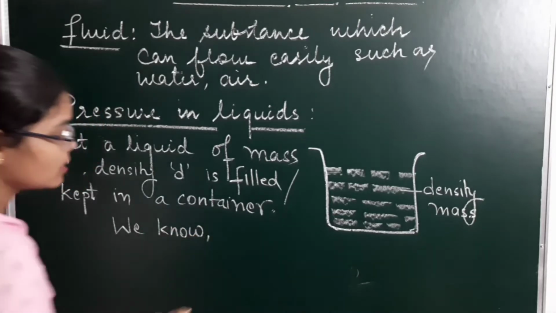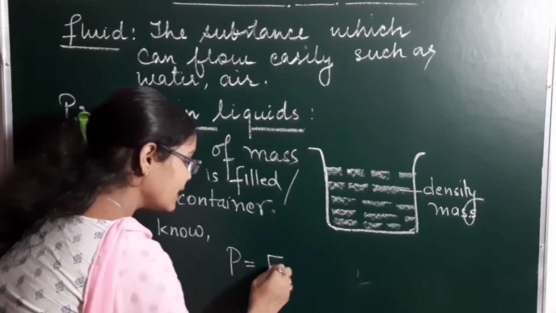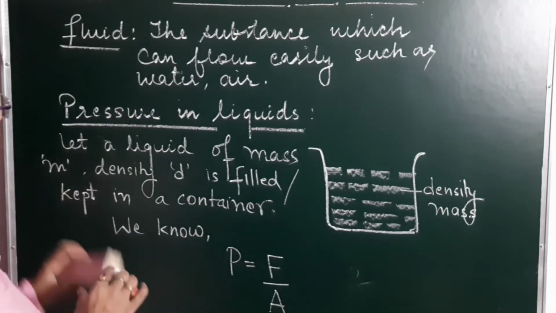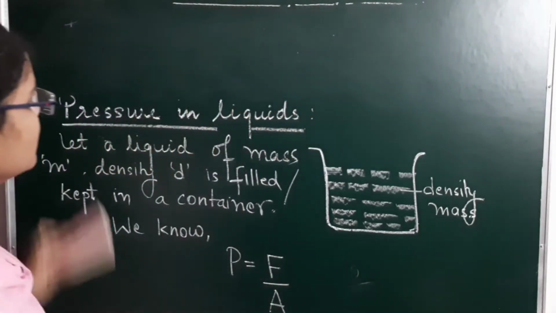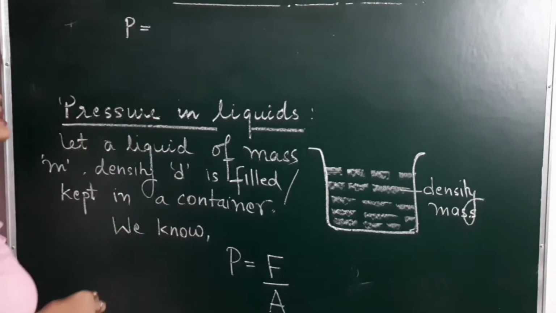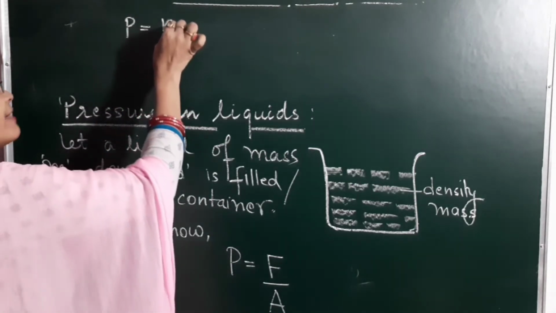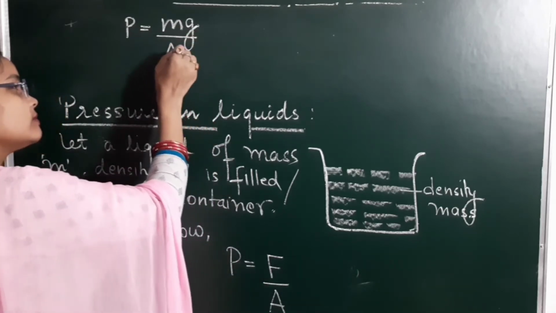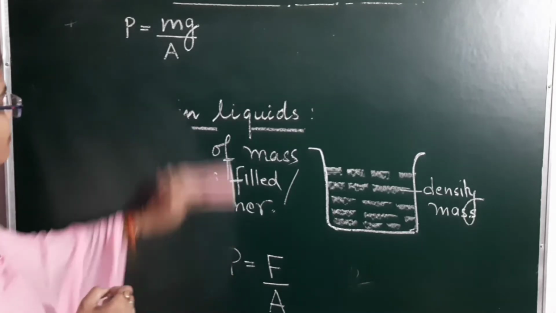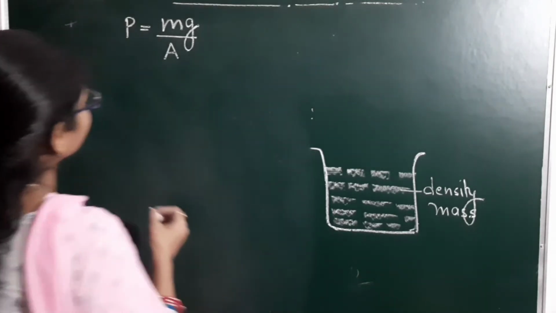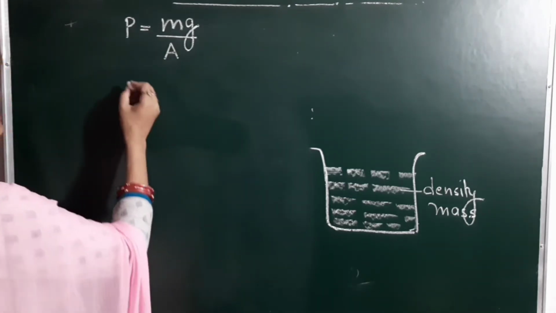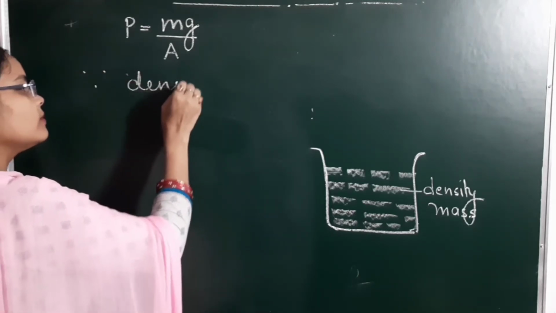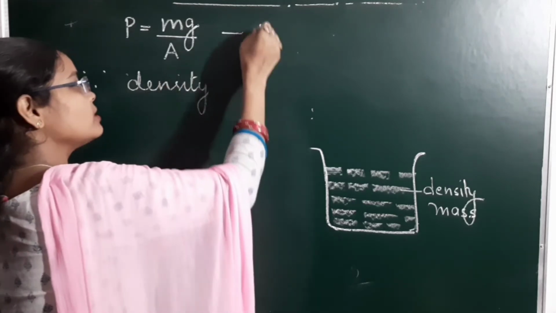The general formula of pressure is P equals F by A, that is thrust or force per unit area. So P is equal to, if M is the mass of the liquid, we can write F, or thrust, is equal to weight, that is mg, upon area A. Suppose this is expression 1.